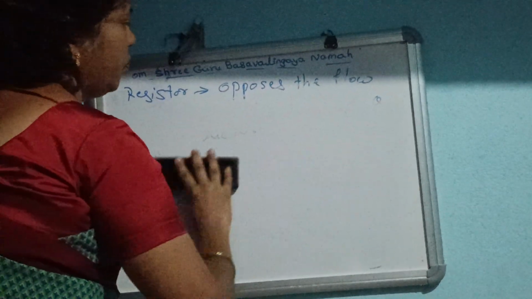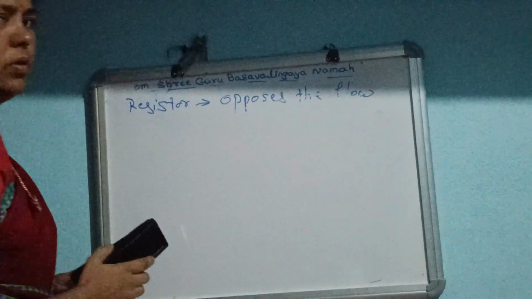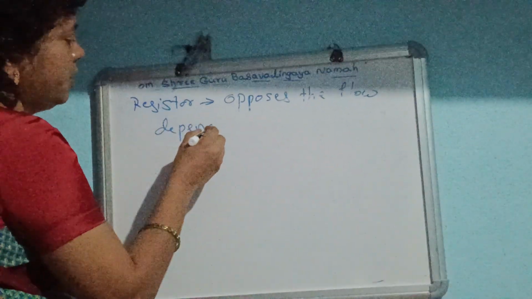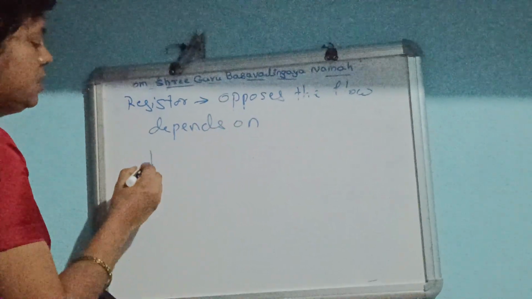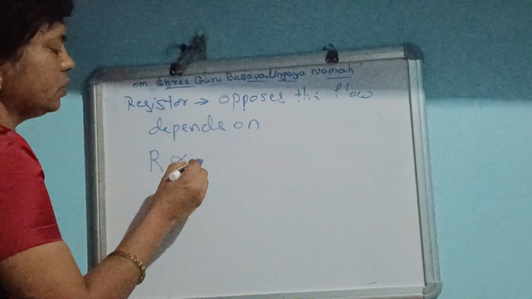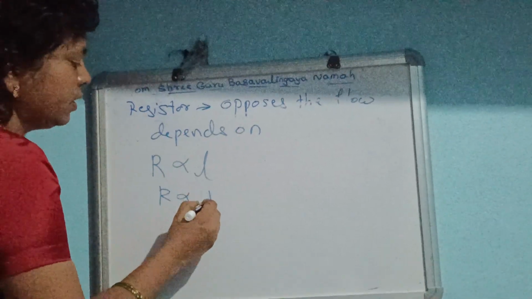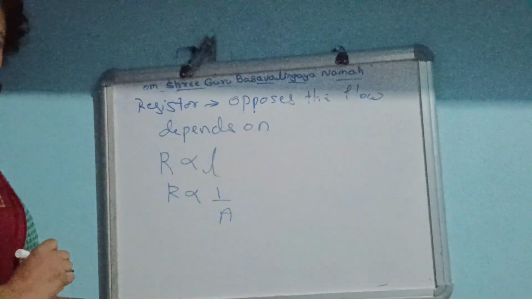The factors affecting resistance are as follows. Resistance is directly proportional to the length of the conductor and inversely proportional to the cross sectional area of the conductor.